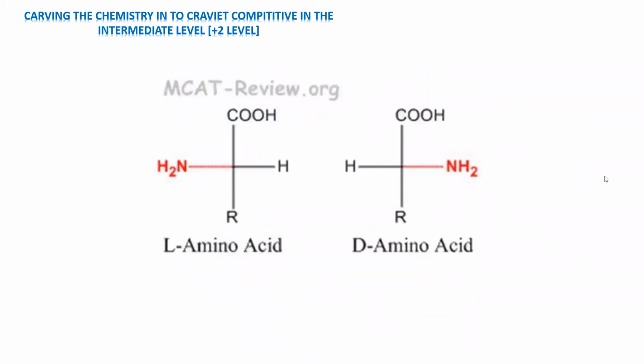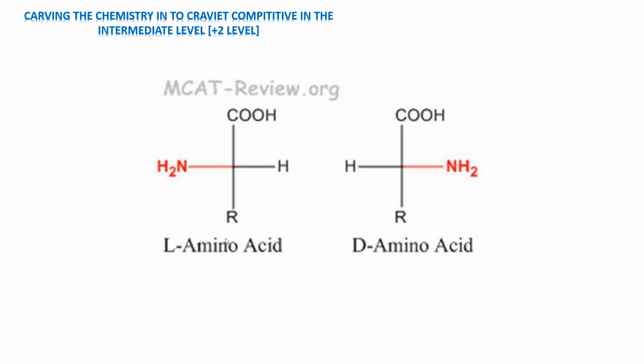And in an amino acid, if the NH2 group on the chiral center is in the right hand direction, it is called D amino acid, and if in the left hand direction, it is called L amino acid. In nature, amino acids are always found as L amino acids, but not D amino acids.